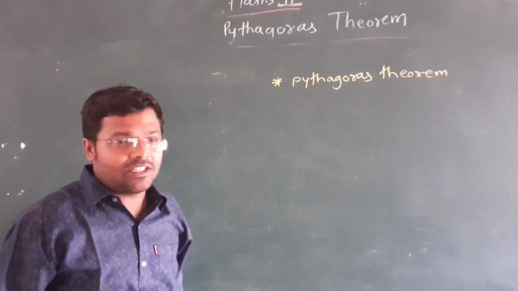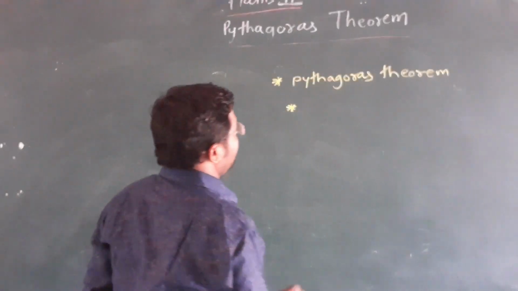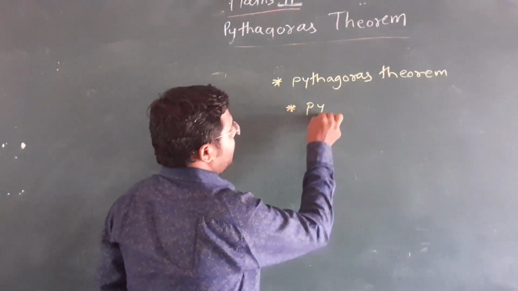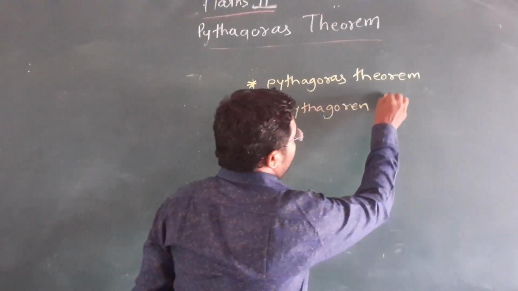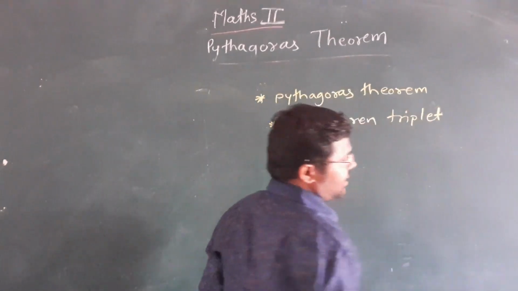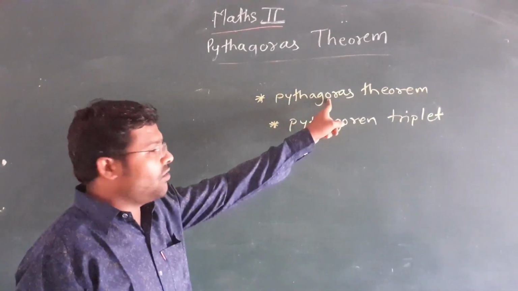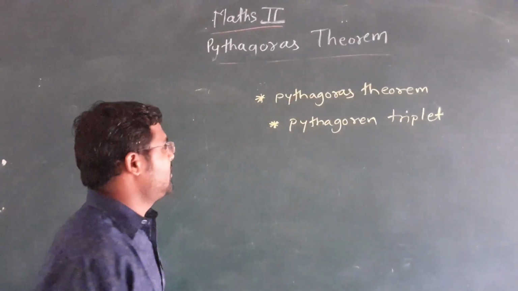After that, we learned about the Pythagorean triplet. By using the Pythagoras theorem, we can say whether a triangle is right angled or not.